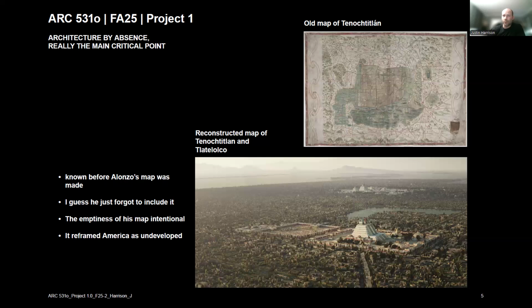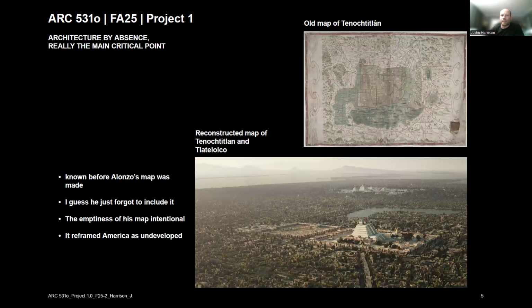But Santa Cruz shows none of that. No pyramids, no urban grids, no agriculture or monumental architecture. You could say it was ignorance, but I'm pretty sure it was intentional. The map reframes the Americas as undeveloped, a blank spot for European construction.